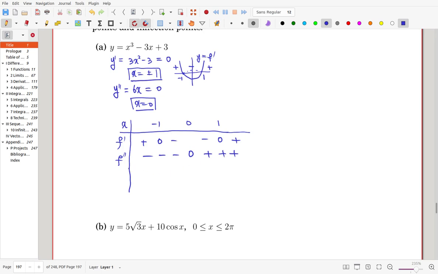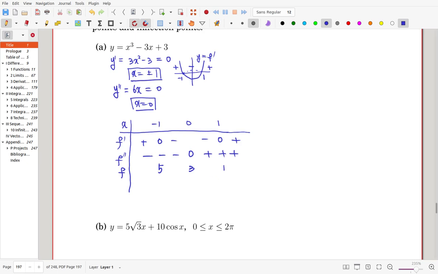Now, you may try to find the f values. At minus 1, the value is minus 1 plus 3 plus 3, so 6 minus 1, so the f value is 5. So minus 1 and 5 is a critical point. At 0, the value is 3, and at 1, it is 1 minus 3 plus 3, so the value is 1.